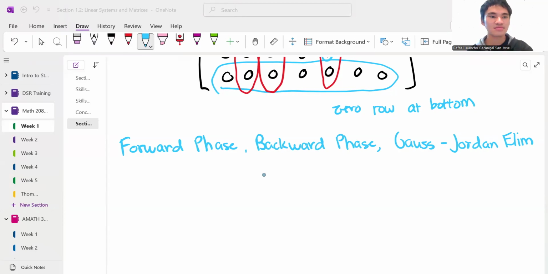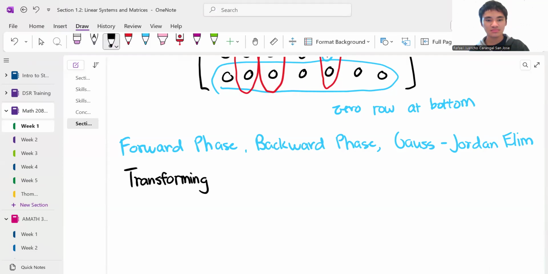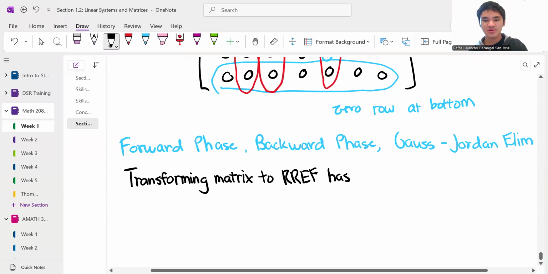Hopefully I'm not going overboard. Okay. Let's see. So transforming a matrix to reduced echelon form can be viewed as having two parts, right? So when we want to transform a matrix to RREF, reduced row echelon form, that has two parts.